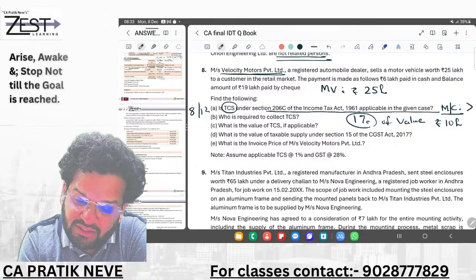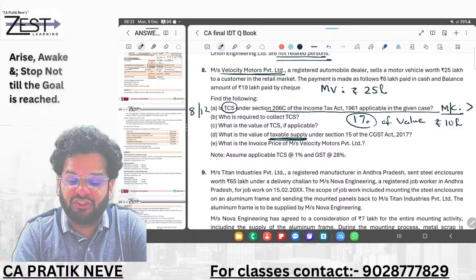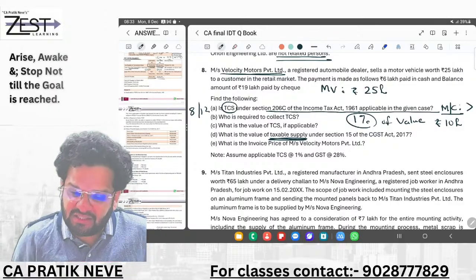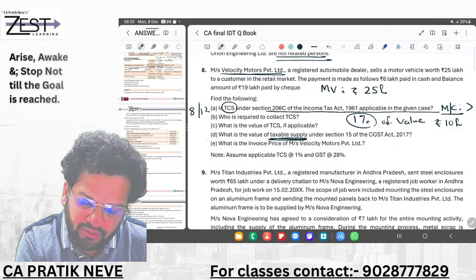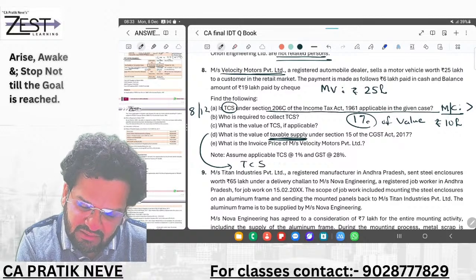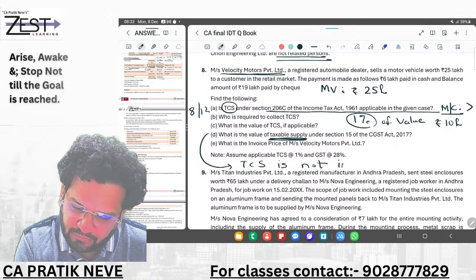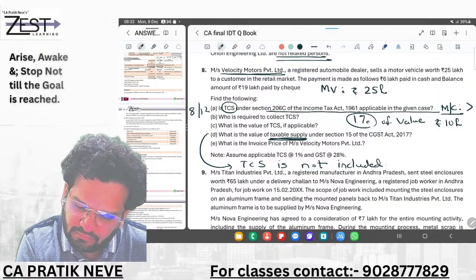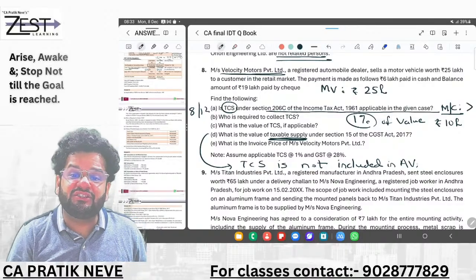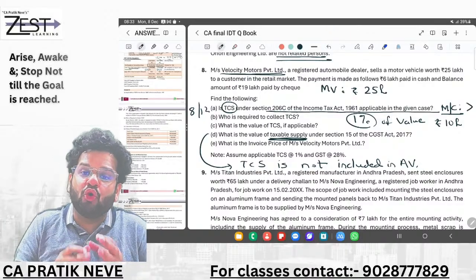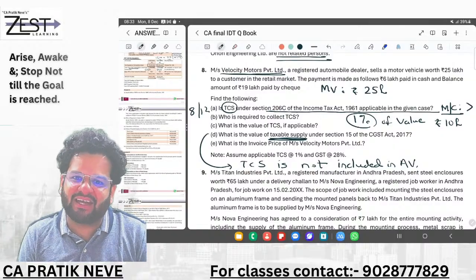Now, what is the value of taxable supply? Okay, for GST. So for GST, in the assessable value, TCS is not included. That is to be understood. Because TCS is just a mode of collecting income tax. TCS is not separate tax.